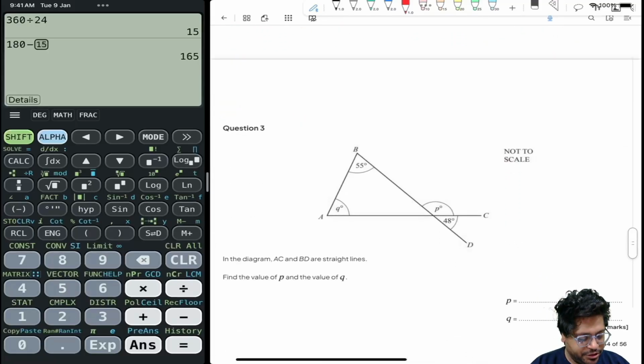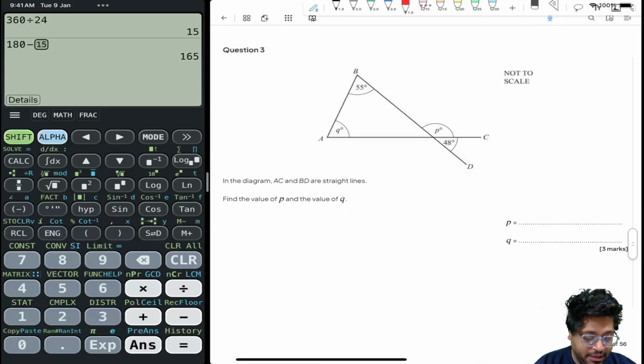See the third question. In the diagram, AC and BD are straight lines, and find the value of P and the value of Q. There are two unknowns, P and Q, and we are supposed to find them. First of all, let's call this R, and R is equal to 48.